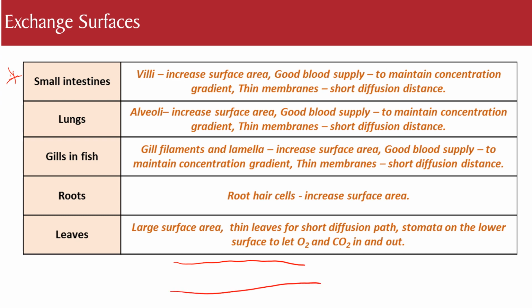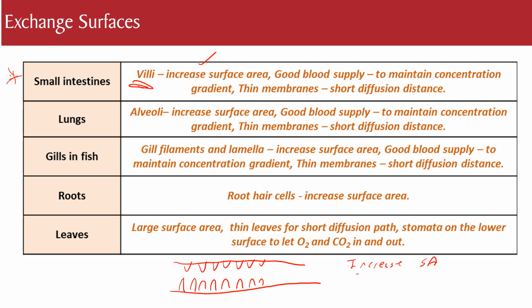On the outside of the small intestine there are loads of things that look a bit like hairs, and those hairs are villi. What they do to help the exchange surfaces, help the movement, is that the villi increase the surface area. So increase, I'm just going to put SA. Okay, so that's what the villi do.